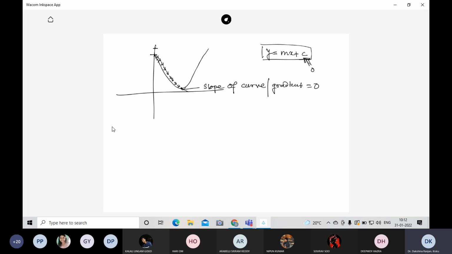That means this is the flat region. In the flat region, its gradient will be found to be 0, or the slope of the curve is found to be 0. So this point will be referred to as the global minima.